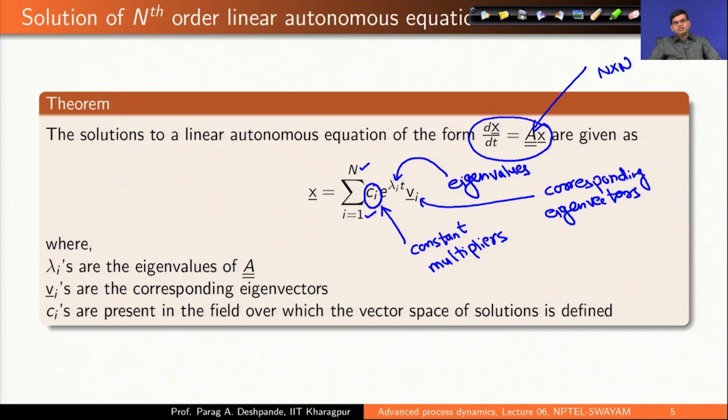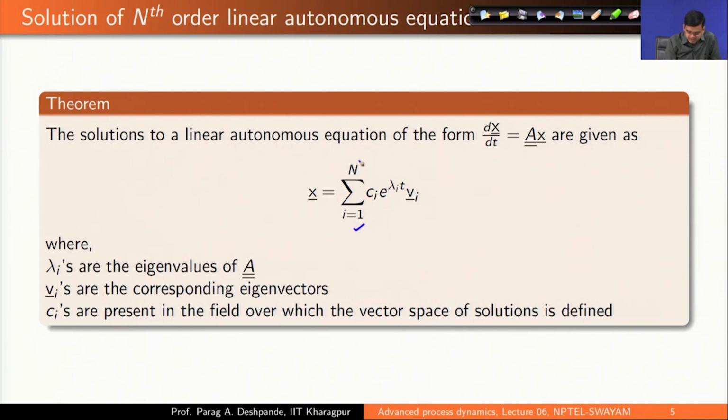So, you would determine the eigenvalues of that n by n matrix A, you would determine the corresponding eigenvectors, and then your solution would be given as x under bar is equal to summation i going from 1 to n C i e to the power lambda i t multiplied by the corresponding eigenvectors.